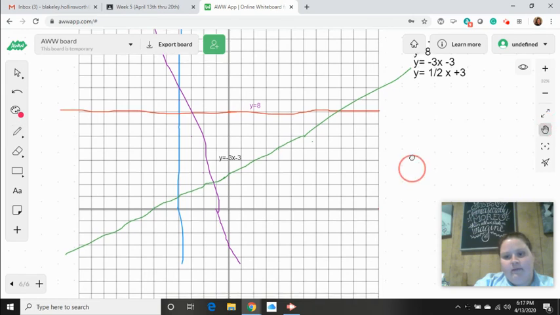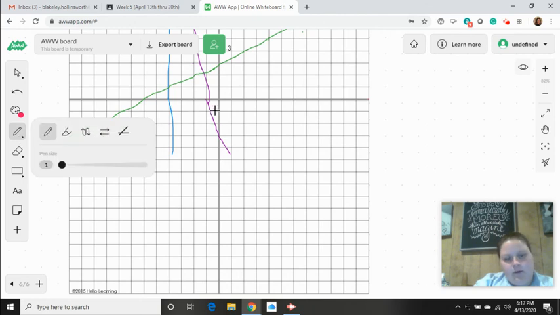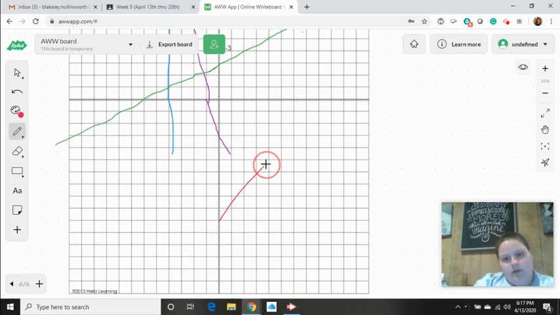Y-intercept at negative 10. Okay, I'm going to have to count this out. 1, 2, 3, 4, 5, 6, 7, 8, 9, 10. Using those 2 points, make sure this is 10. 4, 6, 8. Here's 10. Extend that out. So there's that line.